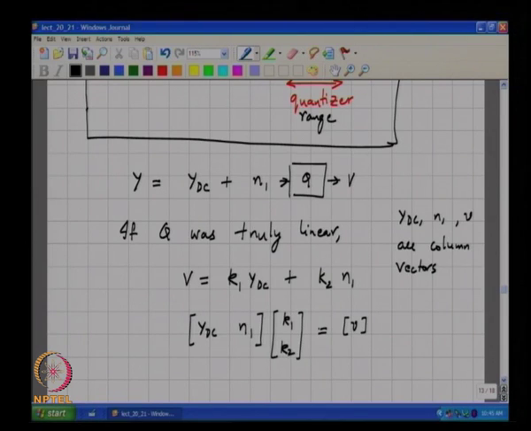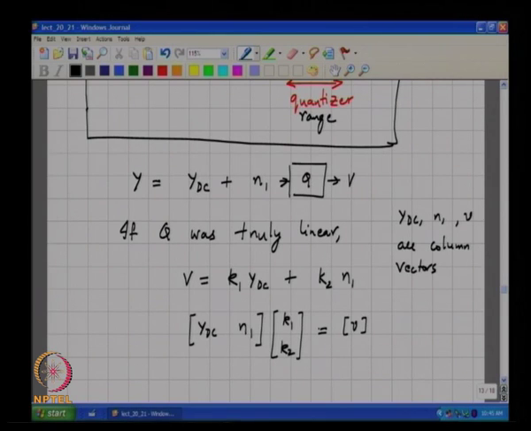So if I had a sequence which was 10,000 points long, and if q was truly linear, then basically I need to determine k1 and k2. All I need are two equations. I will take any two instants of time and look at y dc, n1 and v: two equations, two variables, and I can solve, even though there are in principle 10,000 equations, and all these will be linearly dependent.